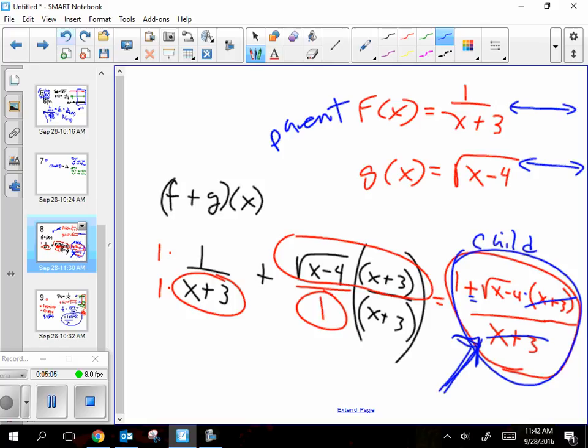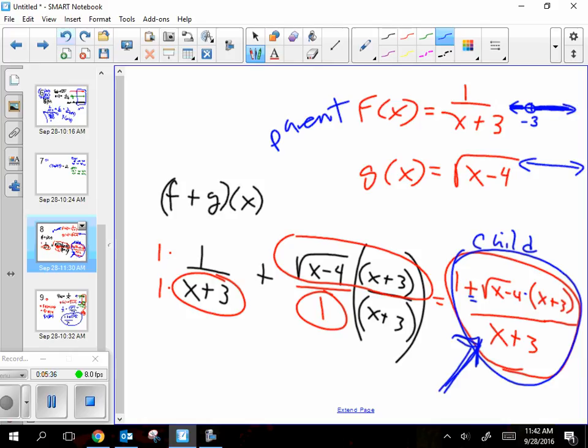By looking at the child function, we'd say, well, nothing crashes this, so it's all good. Because things canceled that would have caused a problem, but they canceled. So you have to look at the parent functions, because even if something like that had canceled, a -3 would have killed this parent function, and therefore the child function has to factor in the parent domains. So long story short, what's the domain on this guy? Can't be -3.